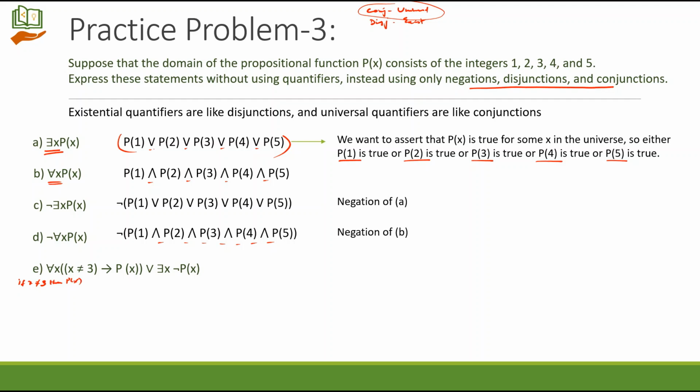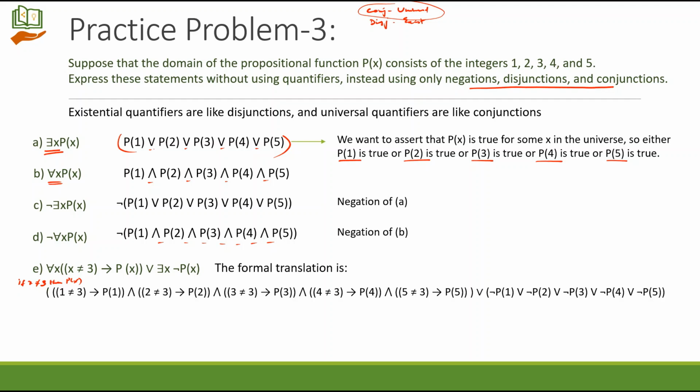or there is an x for which P of x is not true. The formal translation is, now we are going to apply the value of x inside P of x. So 1 is not equal to 3, 2 is not equal to 3, 3 is not equal to 3, 4 is not equal to 3, 5 is not equal to 3.